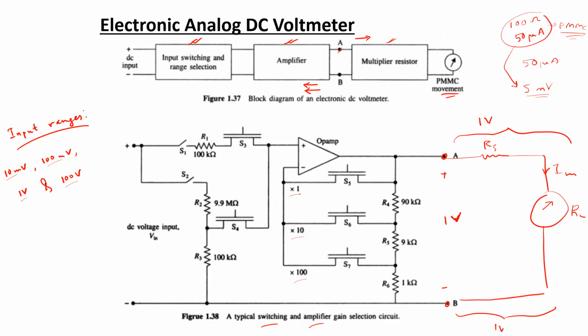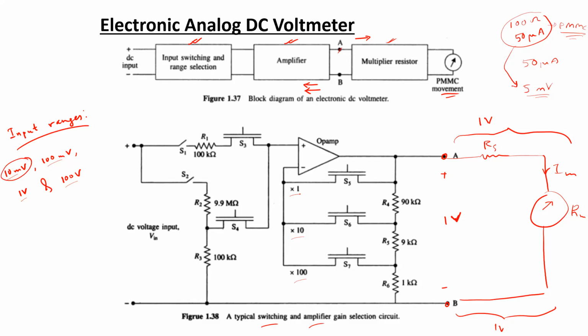Now we are going to consider how the ranges are selected and how the gains are tuned accordingly to obtain a 1 volt signal at the output terminals A and B. First of all, we can consider the case of 10 millivolts.